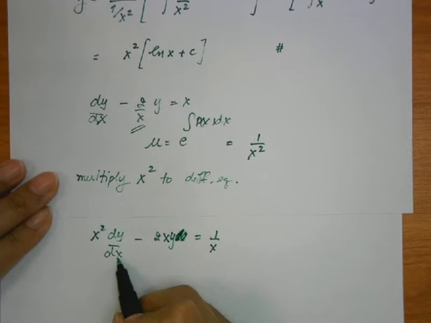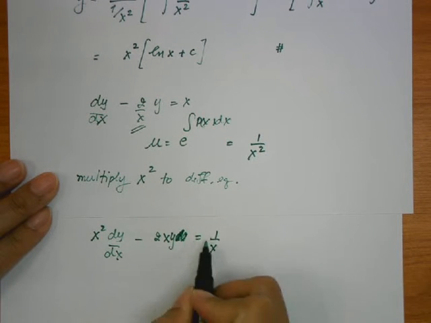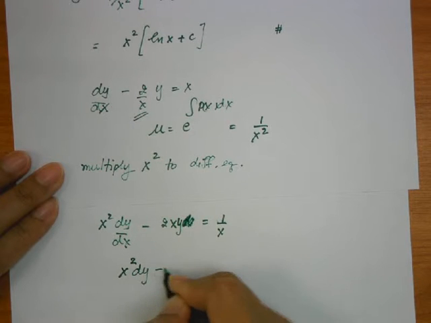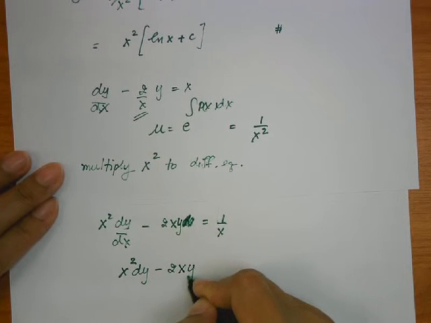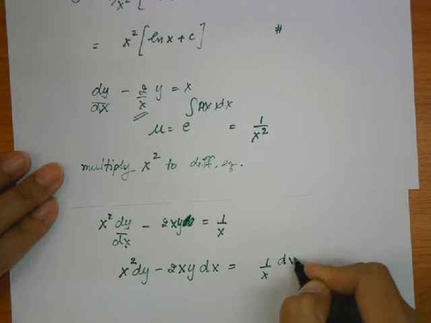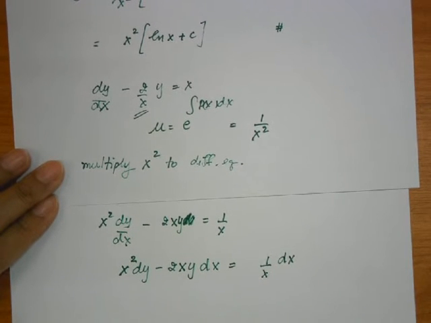And then you multiply the whole equation by dx, and you would get 1 over x squared dy minus 2 over x cubed y dx equal to 1 over x dx. Like I said in the beginning, your left hand side would be equal to the differential of the integrating factor times y.